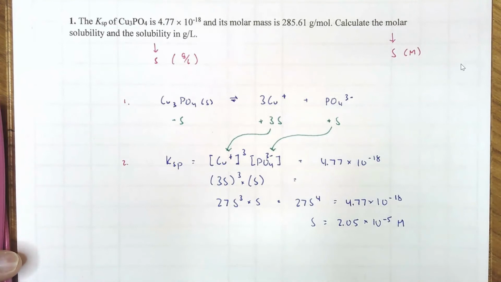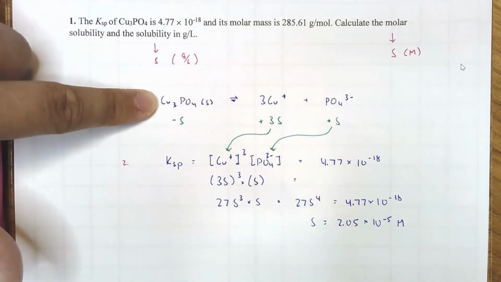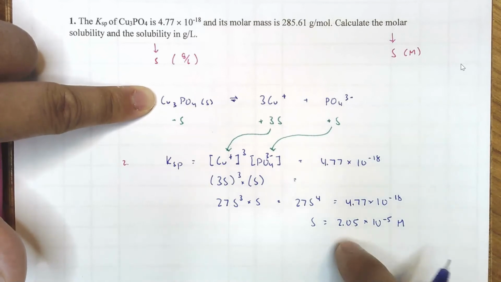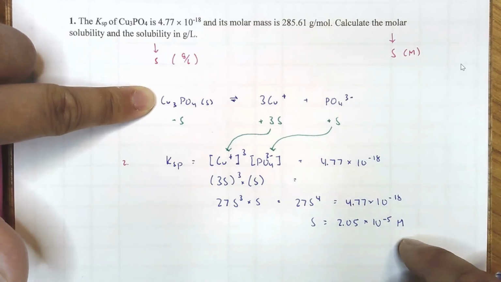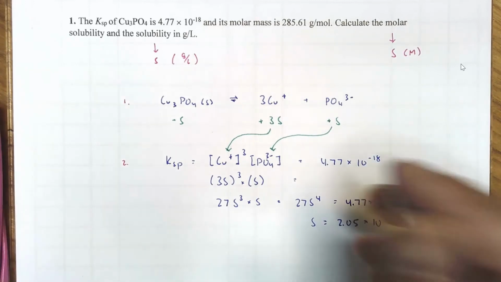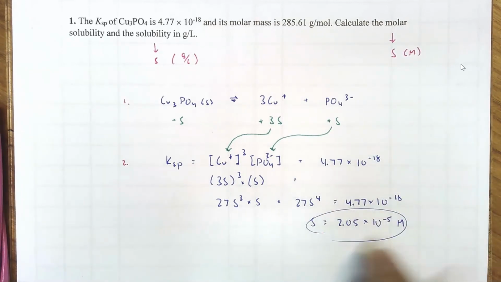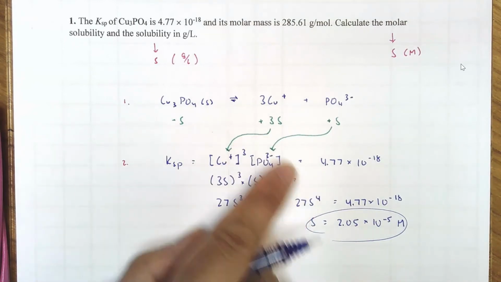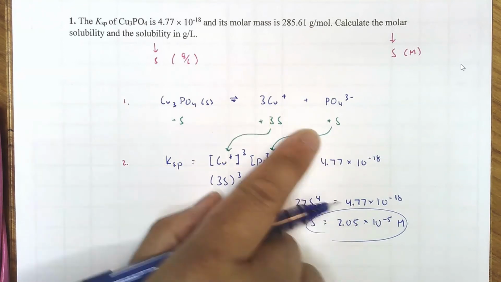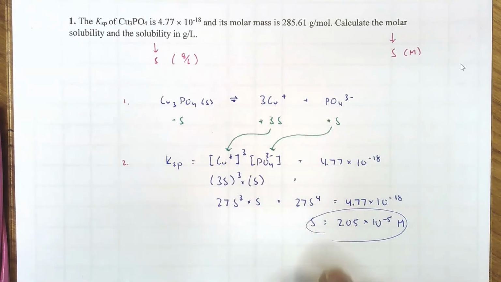What does that mean? If I have 1 molar of this originally, then 2.05 times 10 to the minus 5 molar will dissolve. That is molar solubility. And then when that amount dissolves, do you see how we get 3 times that amount of the copper plus ion? And we also get that amount of the phosphate. All right, so that is molar solubility.